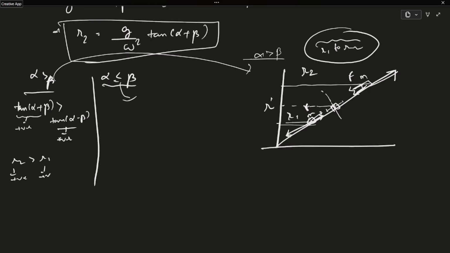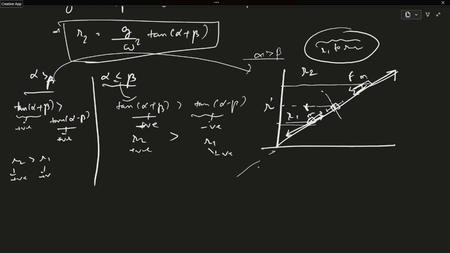But for alpha less than or equal to beta, tan of alpha plus beta is greater than tan of alpha minus beta. This is positive, but this side is negative. That means R1 is negative, R2 is positive.